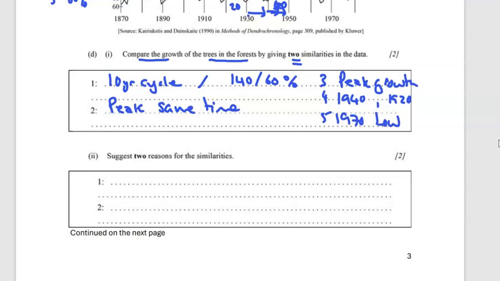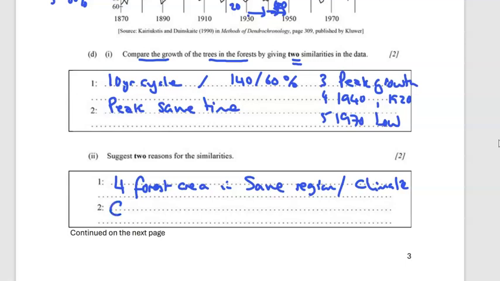And I think one of the first ones that we might bring in is the fact that all 4 forests are in the same region, and that would suggest that they are enjoying the same climate. So with the same weather and same climate, we would expect the same growth rates.